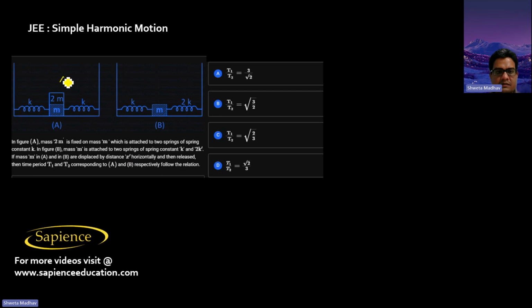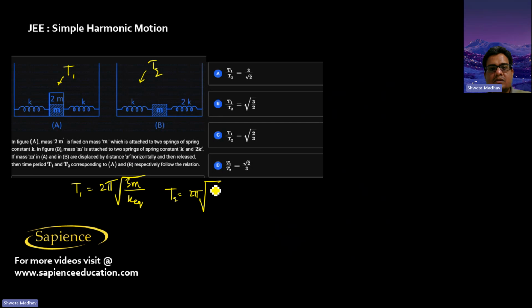So here, if the time period is T1 and here the time period is T2, then you have to find the relation between T1 and T2. Simply their ratio we have to find out. So T1, let's say, is equal to 2 pi root over m by k equivalent, and T2 will also be 2 pi root over m by k equivalent.